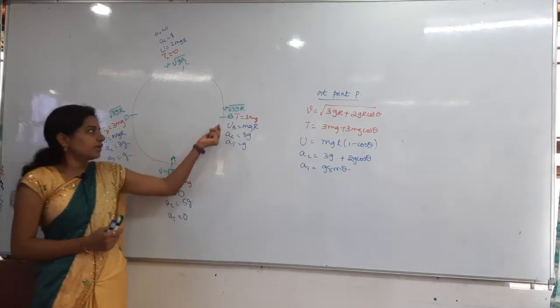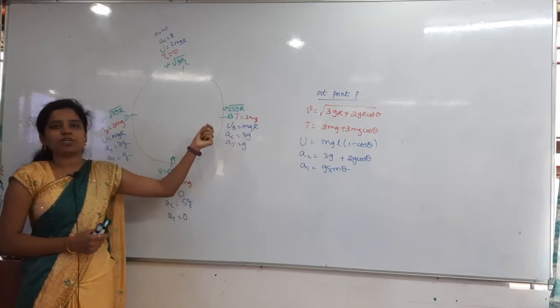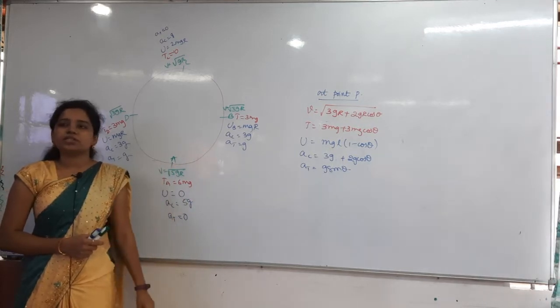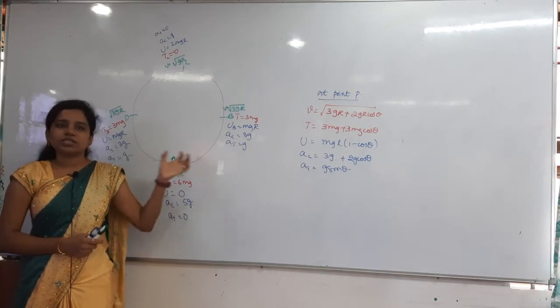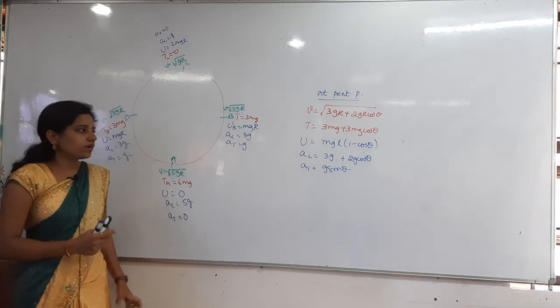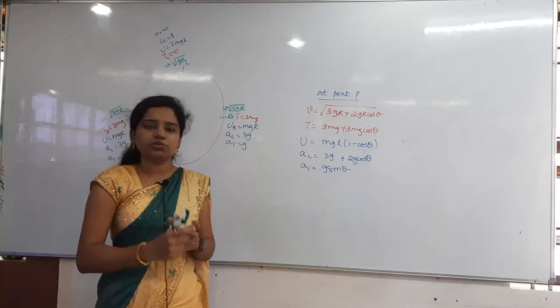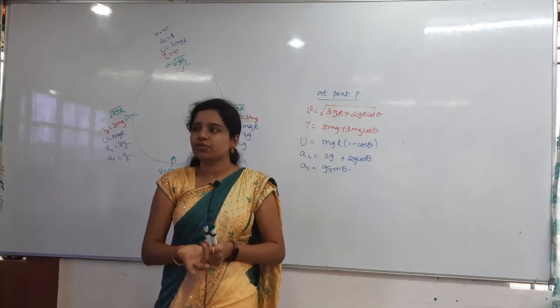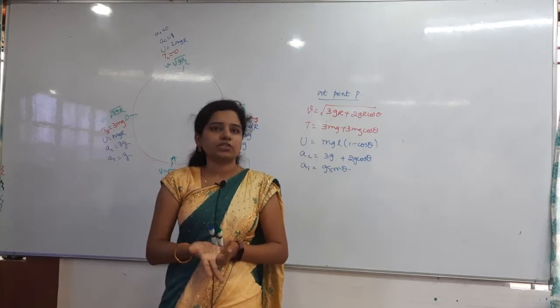See here, velocity to cross point B is how much? Root 3gr. If it is less than root 3gr, at that time it will do oscillations. And what is the maximum limit to do the oscillation? Obviously root gr also it will do oscillation only. 0.5 root gr also it will do oscillation only.